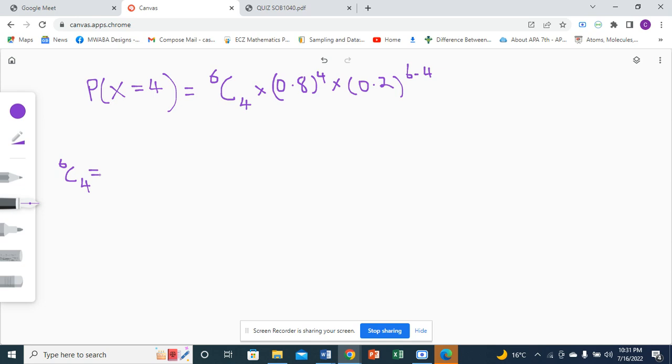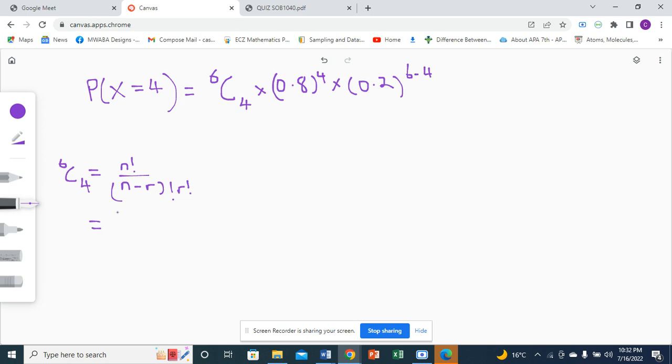All right. So we say n factorial over n minus r factorial, r factorial.